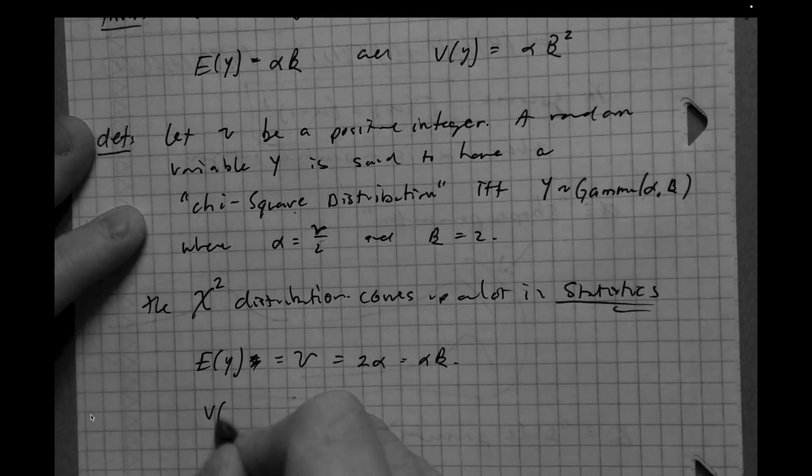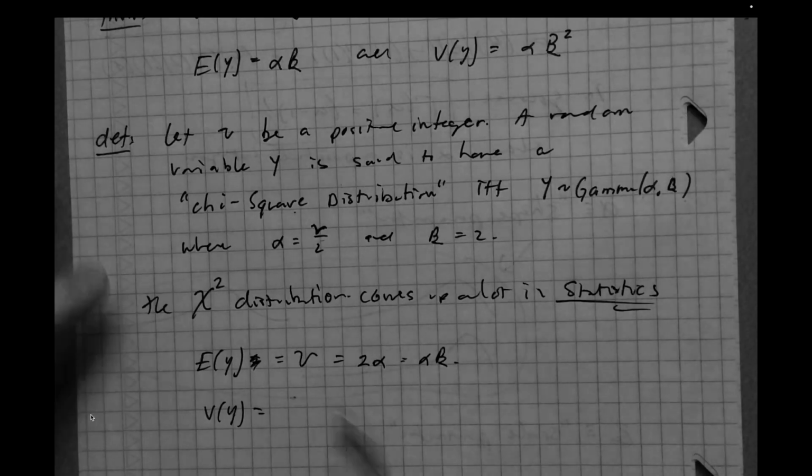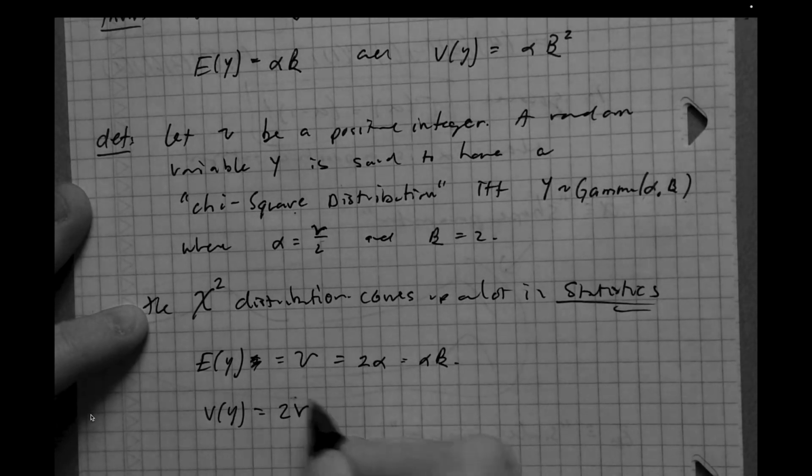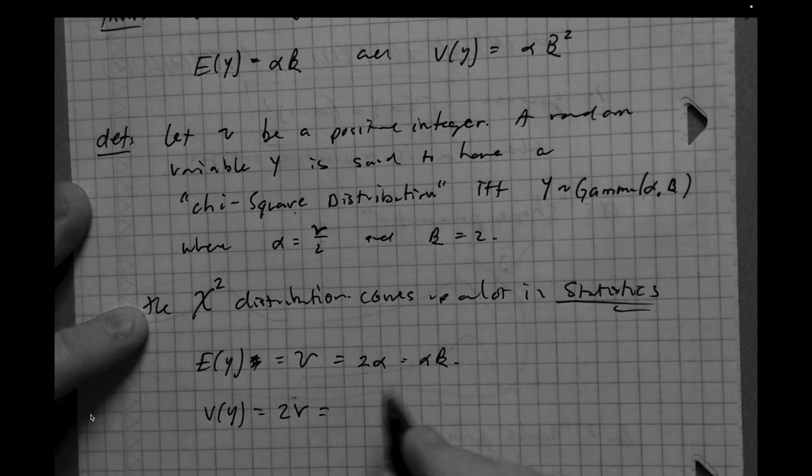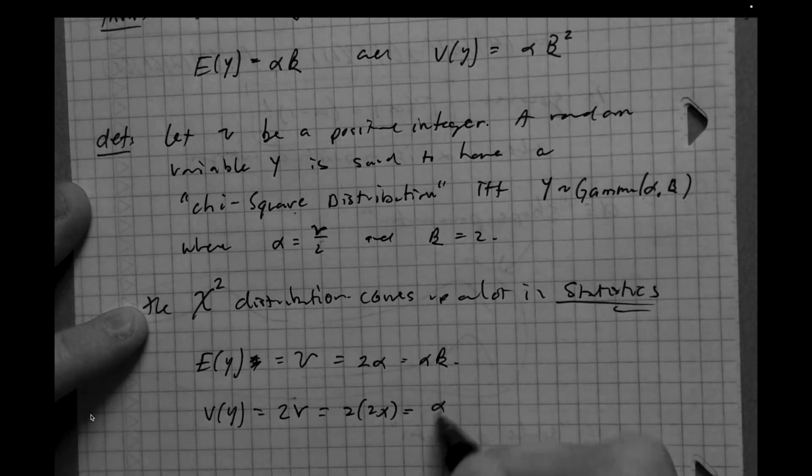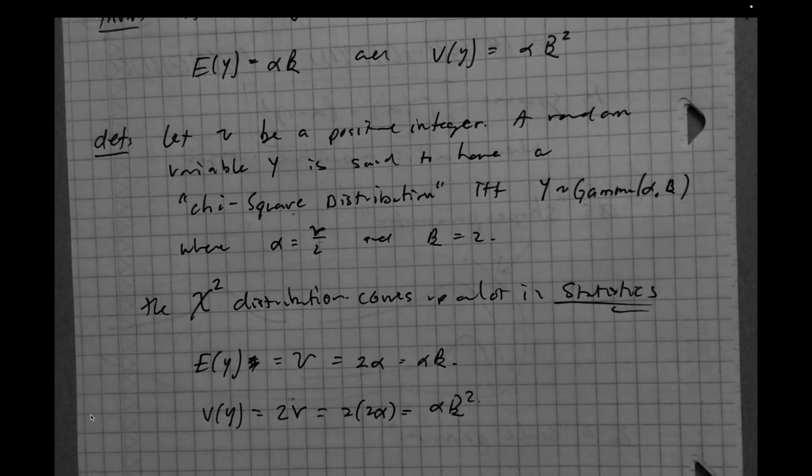And the variance of y here is 2 times nu, which of course is 2 times twice alpha, which is alpha, and then 2 times 2, that's beta times beta, so beta squared. So again, variance is 2 nu, the mean is nu.